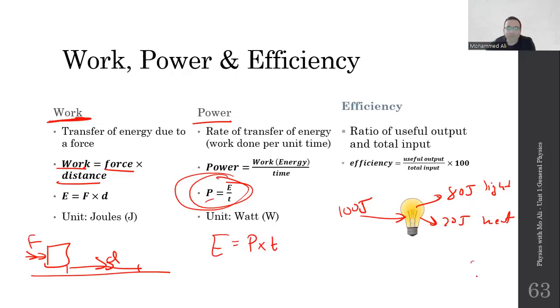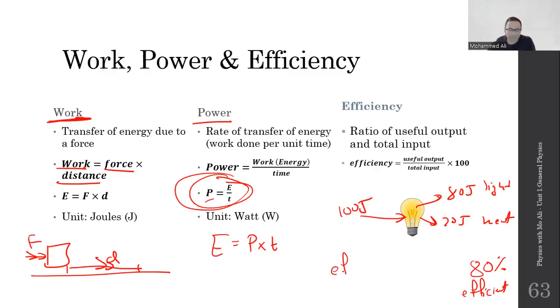We say that this light bulb is 80% efficient. What does that mean? This means that it successfully converts 80% of the energy into useful energy.